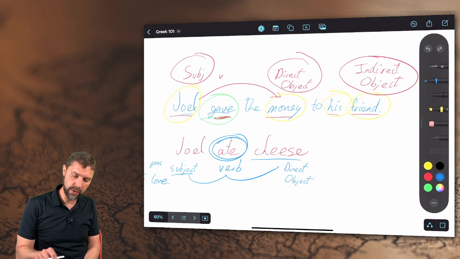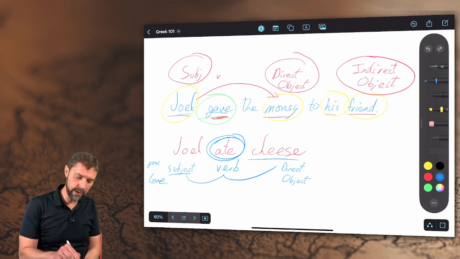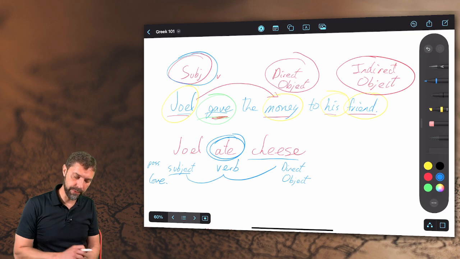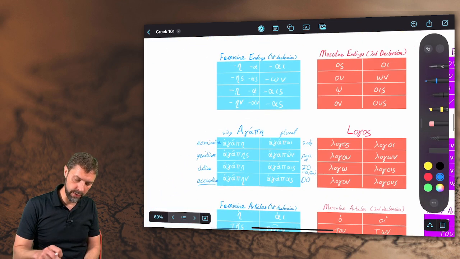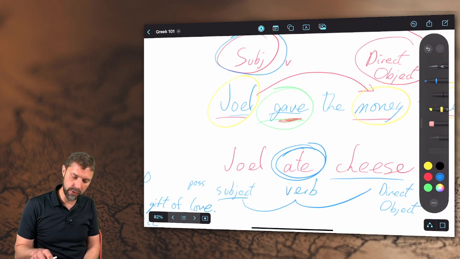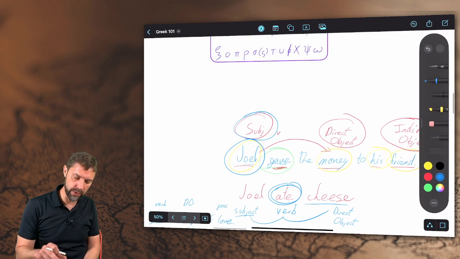So Joel gave the money to his friend. Let's analyze Joel, we already identified as subject. What case would it use? If you remember from the chart before, you go down here, you look at the chart, there's nominative, subject. Subject, nominative, that's the one I want. So since this is the subject, if I was writing this in Greek, I would write this one in nominative case. Okay, I'll just do everything with agape since that's the word that we're doing here.